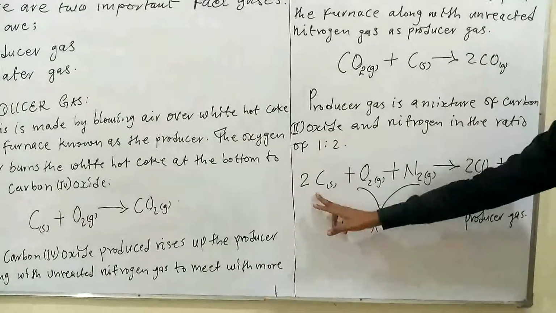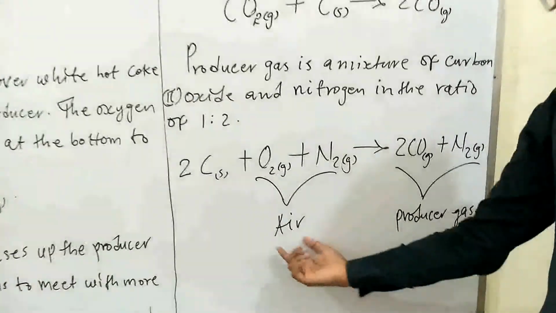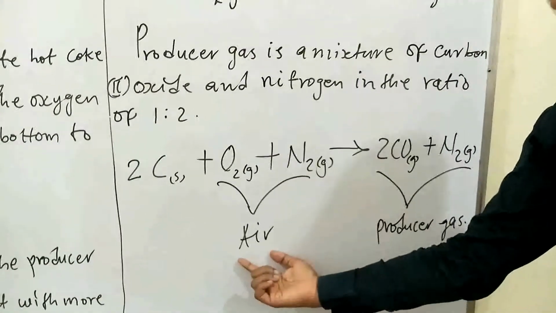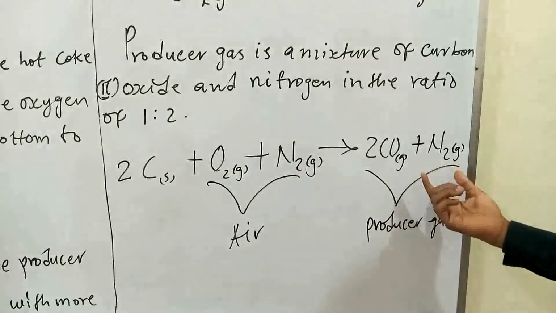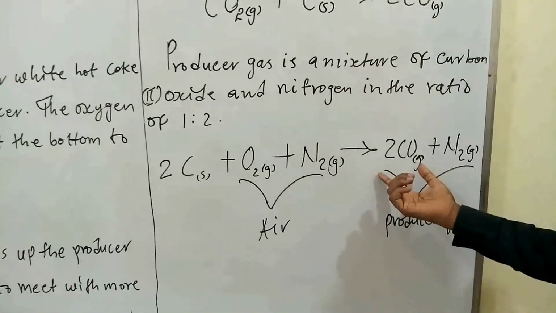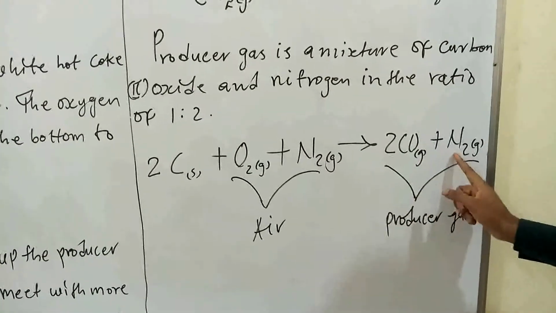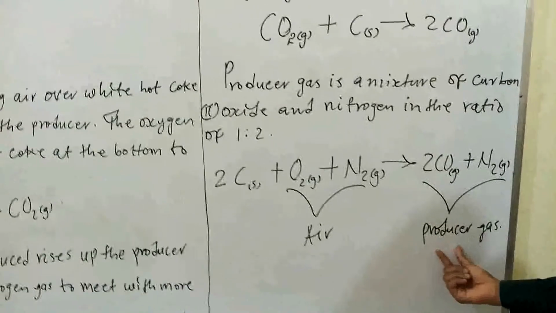So carbon reacts with oxygen plus nitrogen, which are present in the air. If they react, they produce carbon 2 oxide and nitrogen gas. I have told you earlier that carbon 2 oxide and nitrogen gas make up the producer gas.